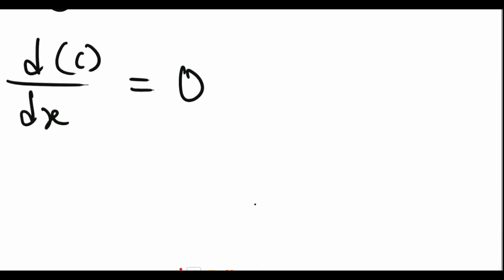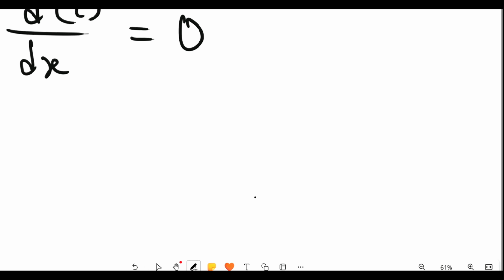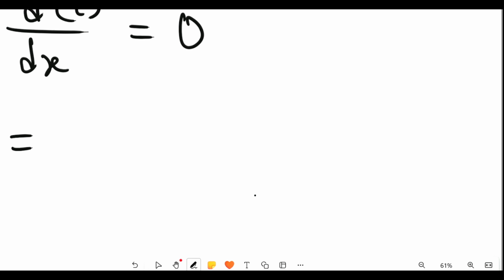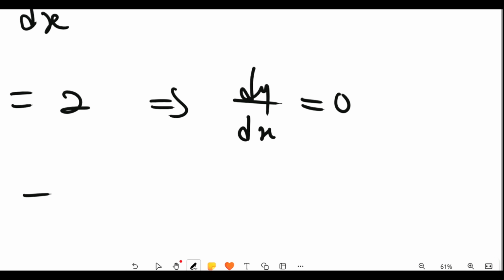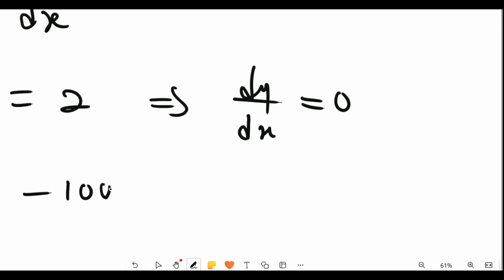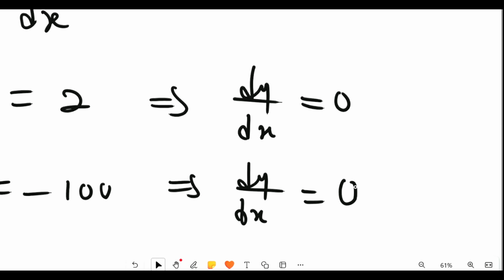So this implies when you have maybe a function which is equal to 2, and you have to find dy dx, this simply means that our dy dx will be equal to 0. Even if the function is negative 100, you still get your dy dx to be equal to 0. So this is the derivative of any constant term.